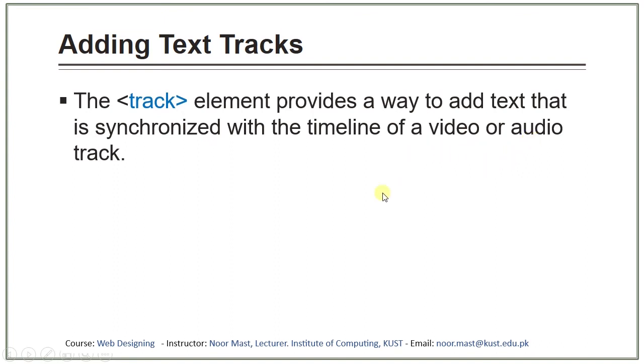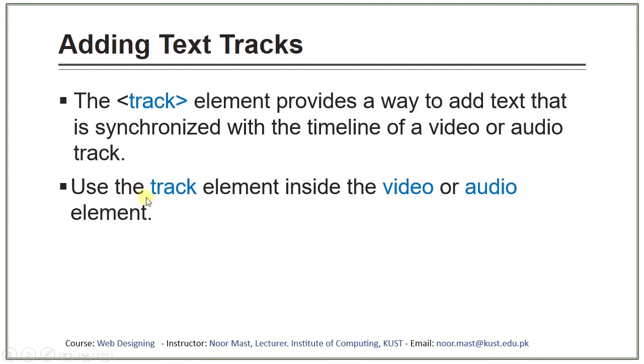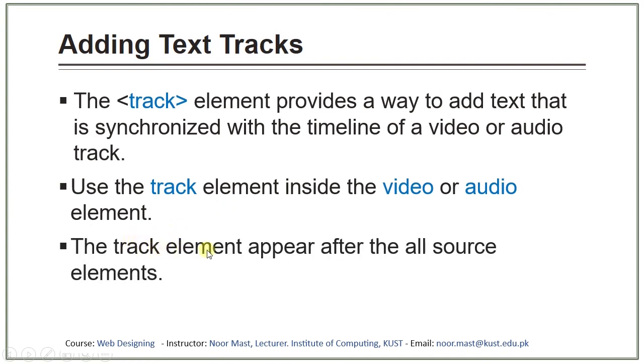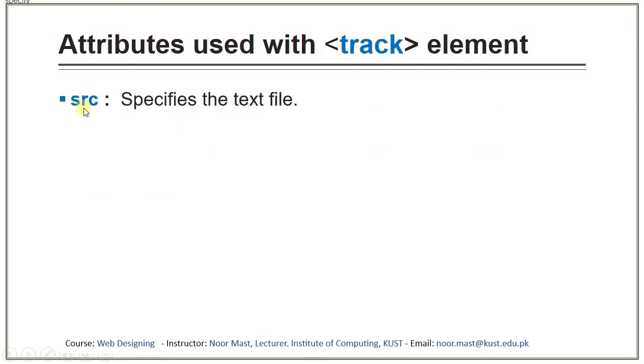audio track. The track element must appear between the video or audio element tags, and the track element appears after all the source elements. When adding a track, you may set the following attributes.